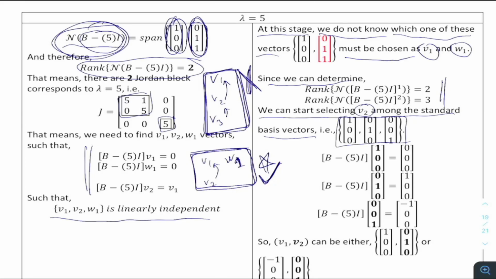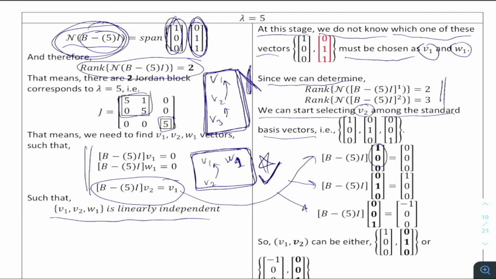We will choose v2 as one of the standard basis vectors, and here I'm just writing this down.